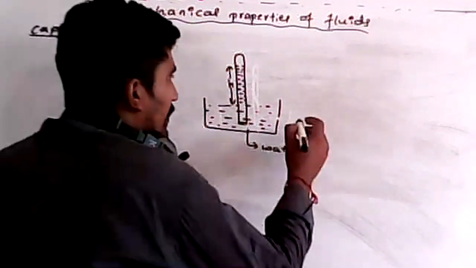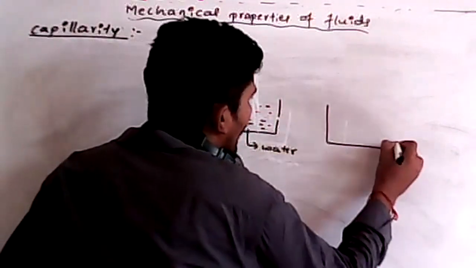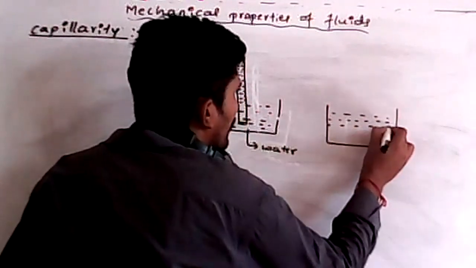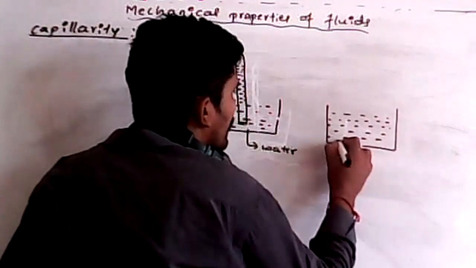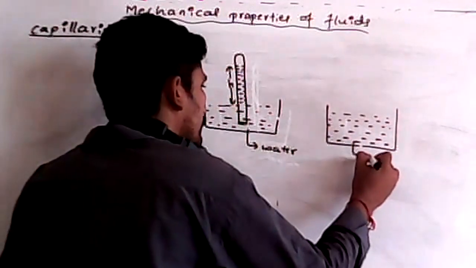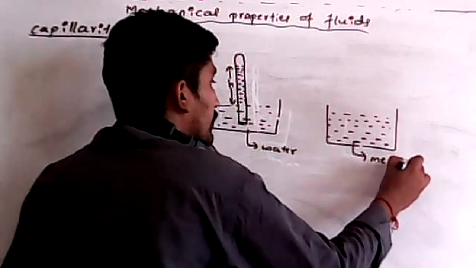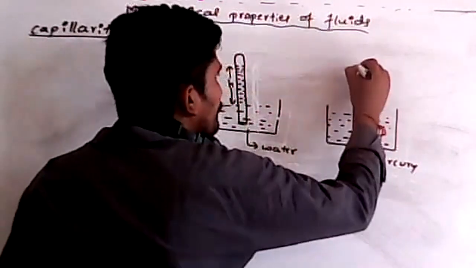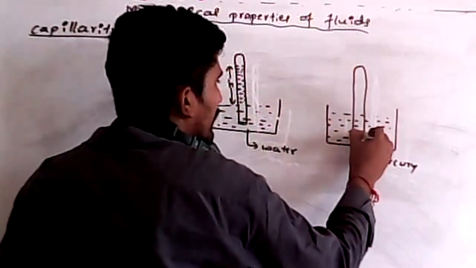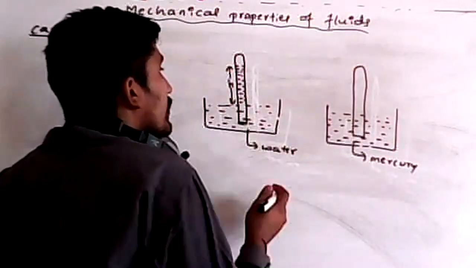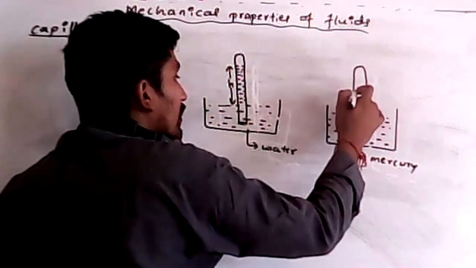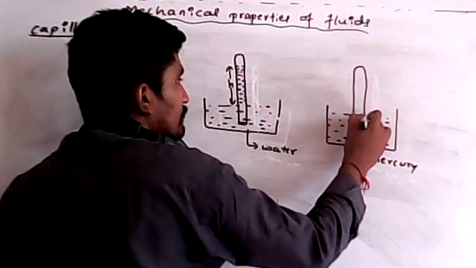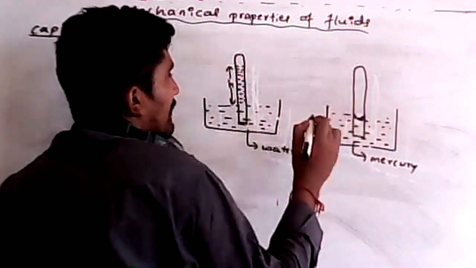But remember, in the same scenario, if I take the same container and fill it with mercury, and dip a capillary tube in it, then remember students, it will not rise, it will fall like this.